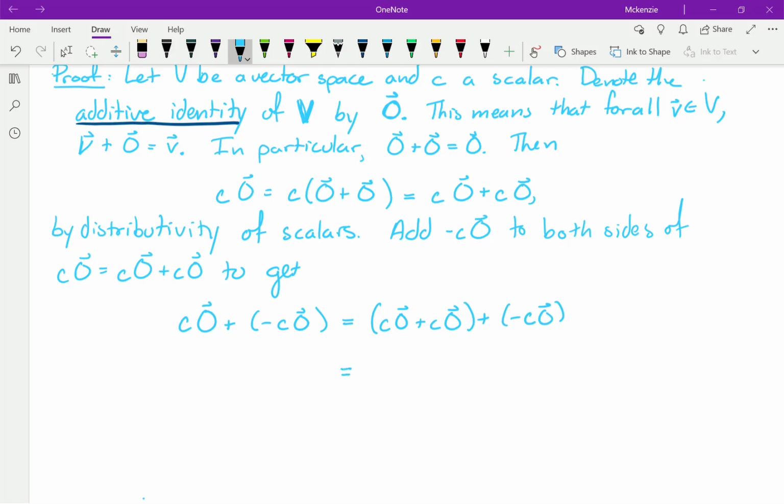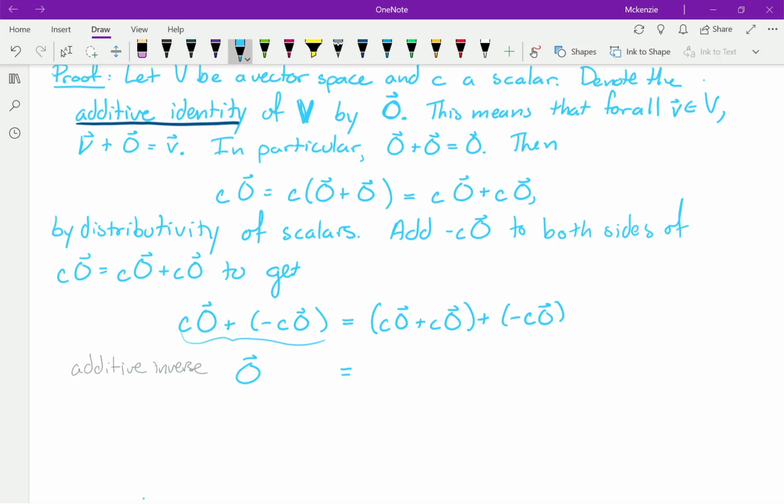So what does it mean to be the additive inverse? Well, on the left side here, this simplifies to just the zero vector because we have the additive inverse, which is one of the required vector space axioms that these things exist.